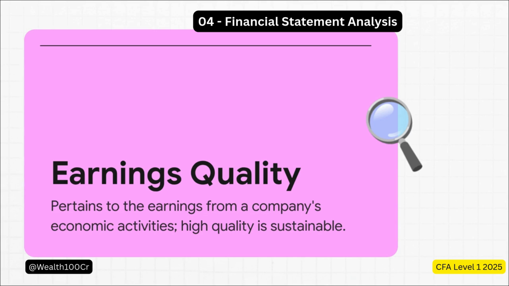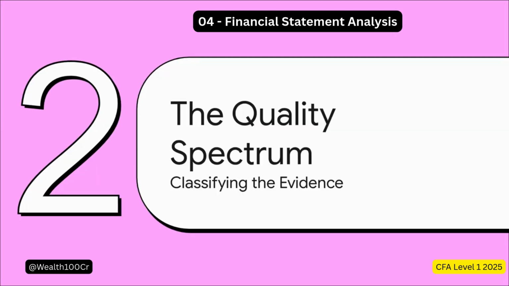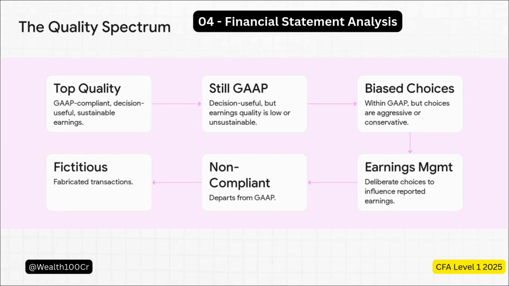Okay, so as detectives, we need a way to classify the evidence we find. And that brings us to the financial quality spectrum. Think of this as your main framework for figuring out just how trustworthy a company's financial reports really are. This spectrum is basically our rating system. Up at the top, you've got the gold standard, perfectly compliant reports showing sustainable, high-quality earnings.